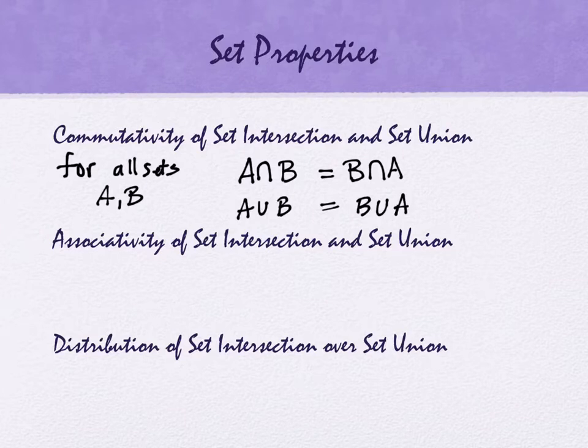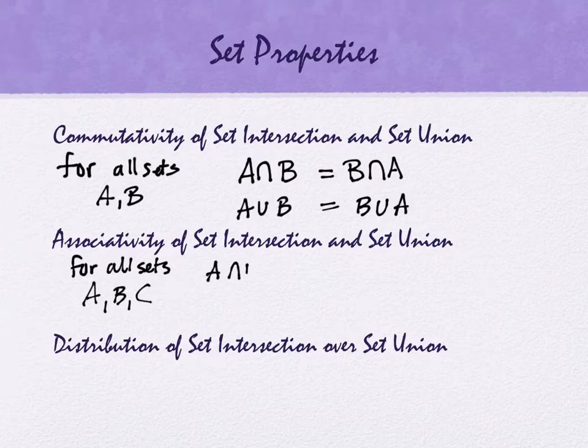Associative, as you know, has to do with how we group things together, right? Who you associate with is the idea. So we need 3 sets in order to talk about this. So this is for all sets A, B, and C. Okay, so 3 sets.